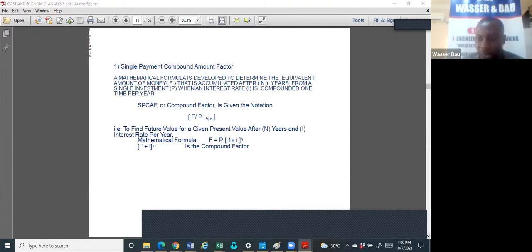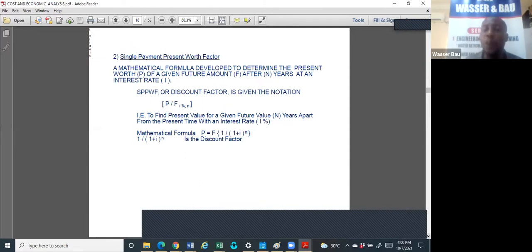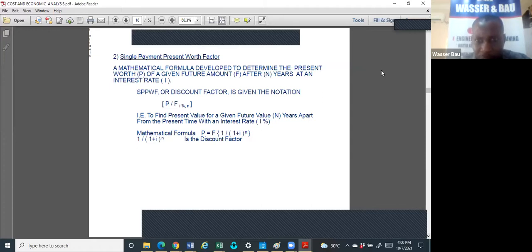So the second one now is the opposite of the other one. I want to get 11 million in my bank account after 1 year. How much should I deposit now?